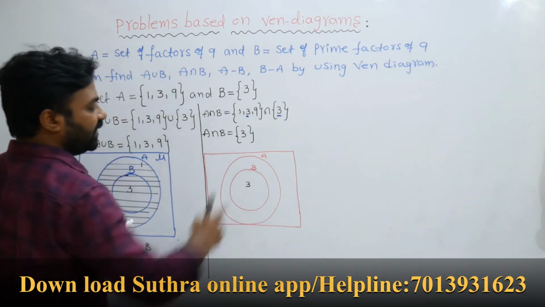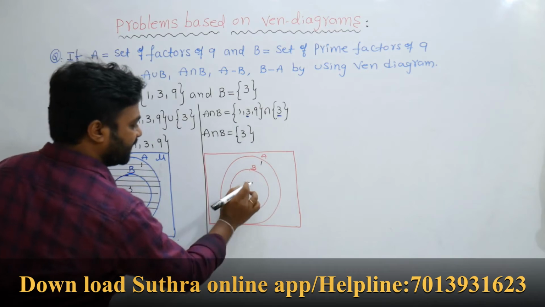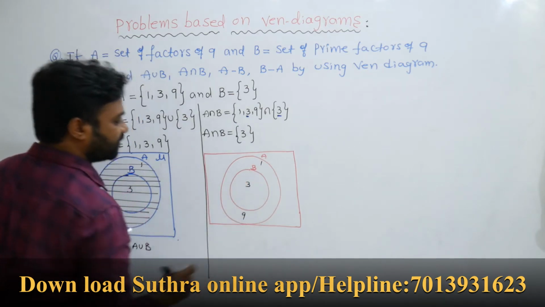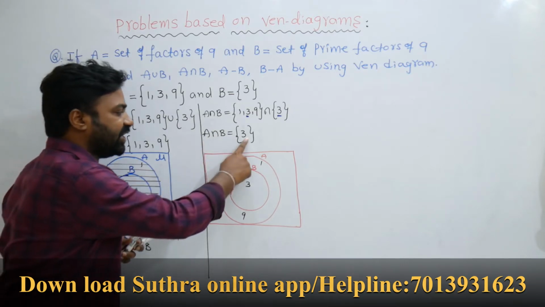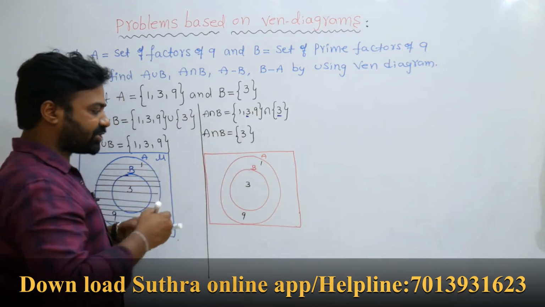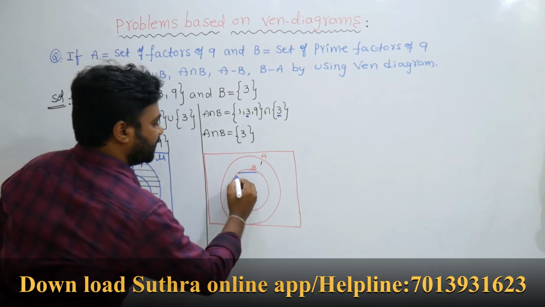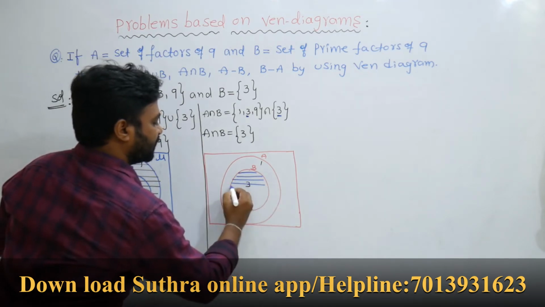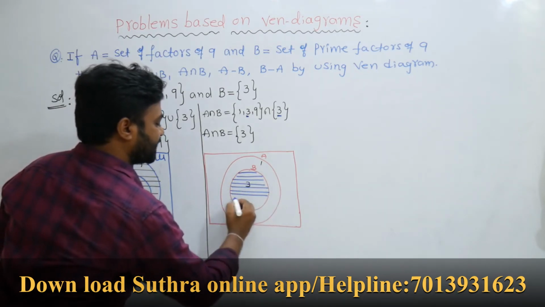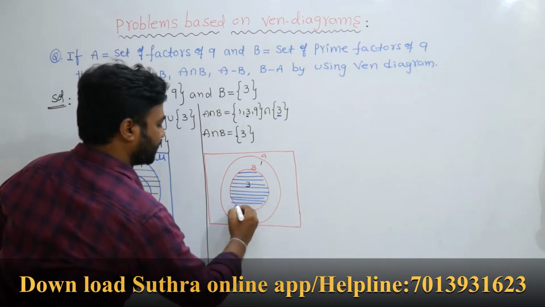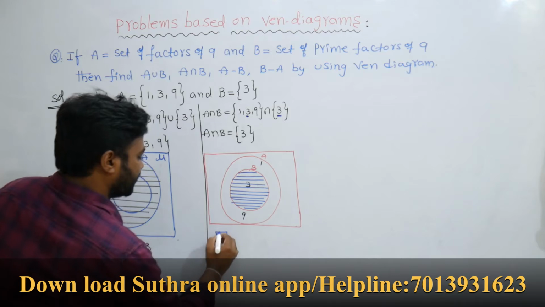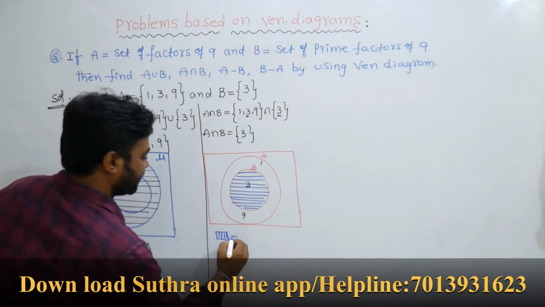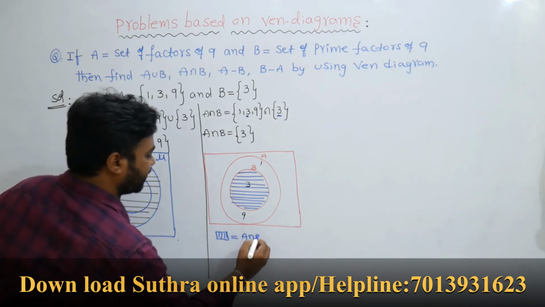In A set 1, 3, 9. The 1 and 9 are only in A set. Now the answer A intersection B is 3. That part only we have to shade. So this shading part is the A intersection B part. The shading part represents A intersection B.